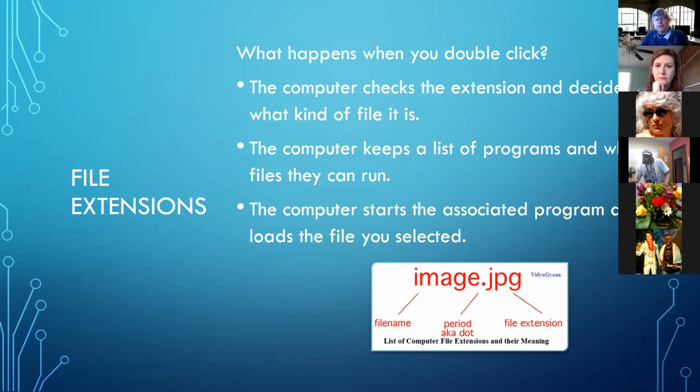And so the computer actually has a way for you to figure out which one to use. It has the primary one that it wants to use to open up that file extension. You can get to it by just right-clicking on the file, and you'll see an entry that says Open With. When you do that, you'll see a list of all the different programs that you have that are associated with that file, and then you can pick the one you want. So that comes in handy.